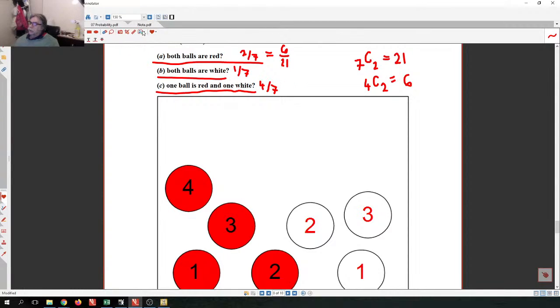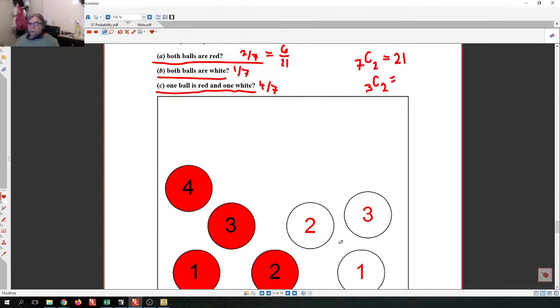What's the difference here? 2 balls white would be 2 out of the set of 3. So the change is here. I'm going to have a combination, 3 choose 2. And that is 3. In how many ways can you get 2 balls out of the set of 3? Well, this or this, this or this, or this or this.